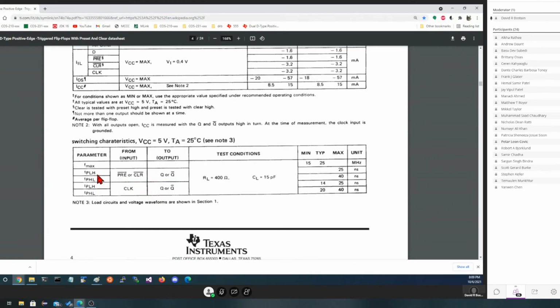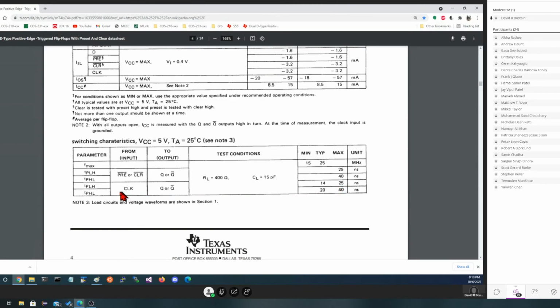Notice the time between, let's use clock here. I change the clock from low to high. The output will not show up, typically, between 14 to 20 microseconds. Could be as bad as 25 to 40, depending on how sensitive it is. You might want to design for worst case scenarios here.